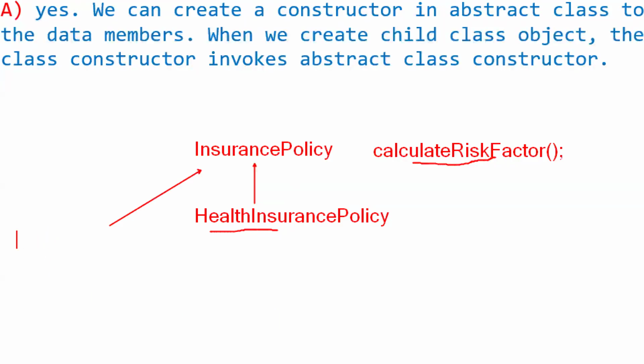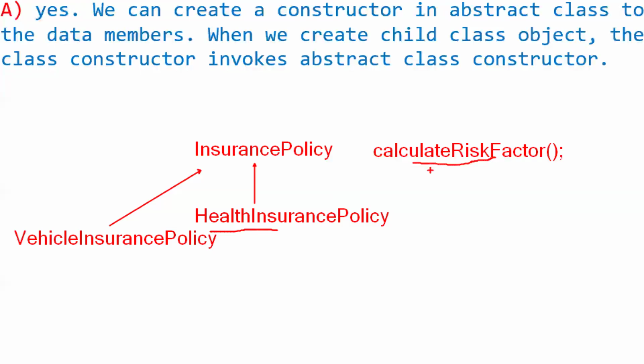Let's say there is another class called vehicle insurance policy. Guys, is the risk factor calculation common for health insurance and vehicle insurance? No. But both of them have a risk factor?